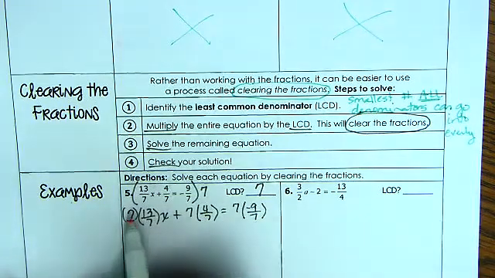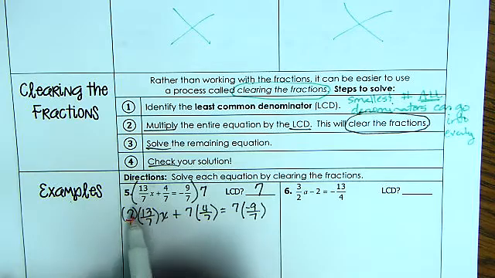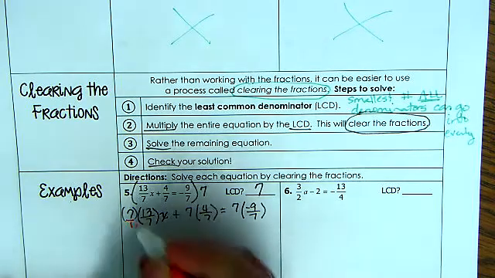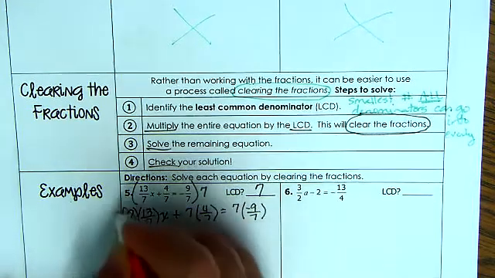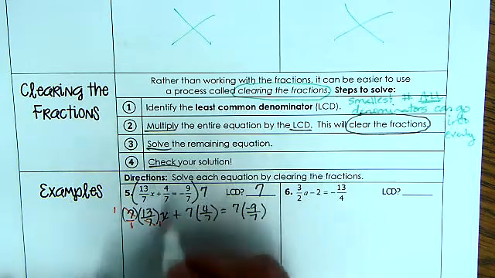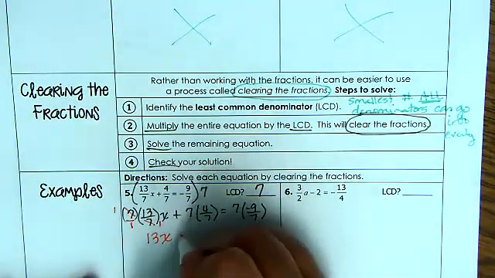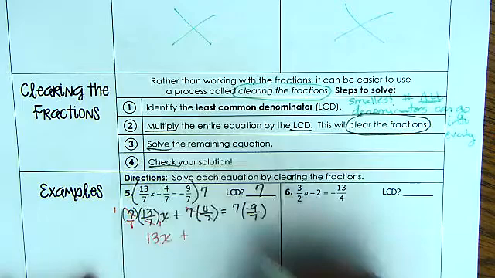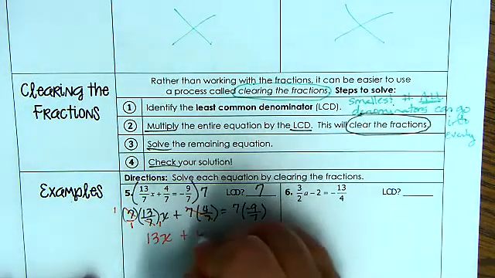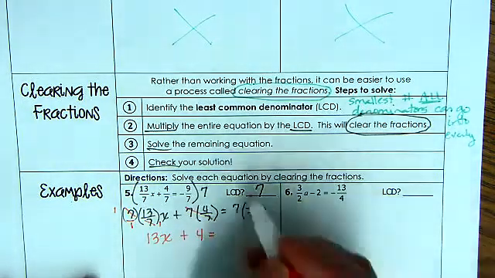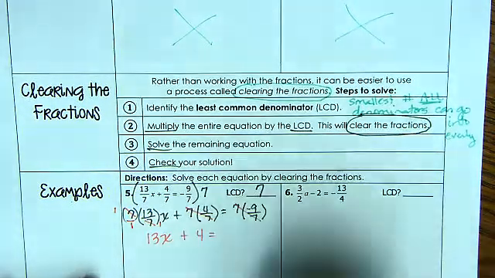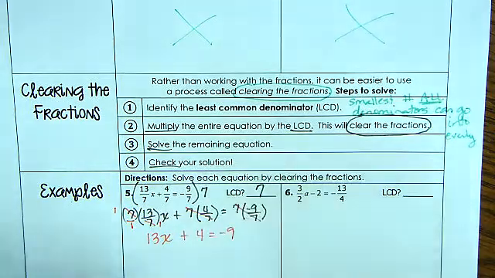Well, when I have a number that's the same in the numerator spot and the denominator spot, they cancel and equal 1. So that means I'm left with 13x plus 4 equals negative 9. This looks like a much easier problem to solve.